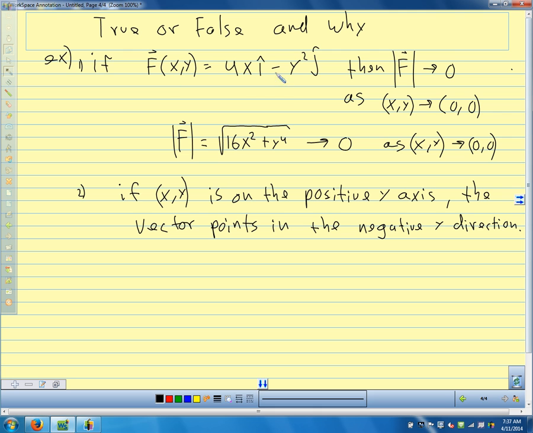So same vector field. If our point is on the positive y-axis, then our vector points in the negative y direction. Is that true or false?